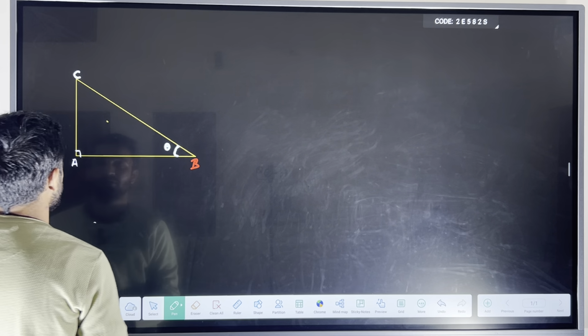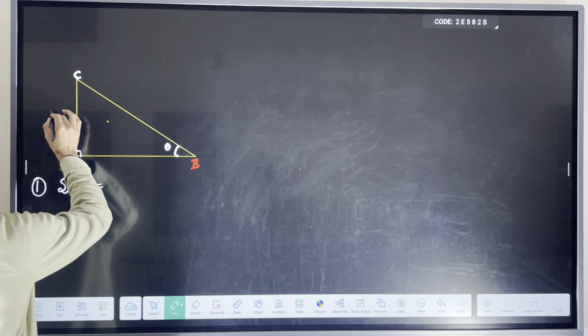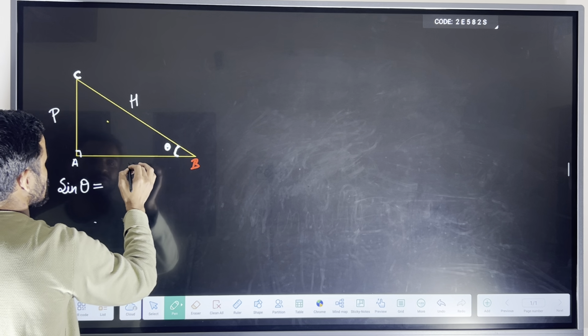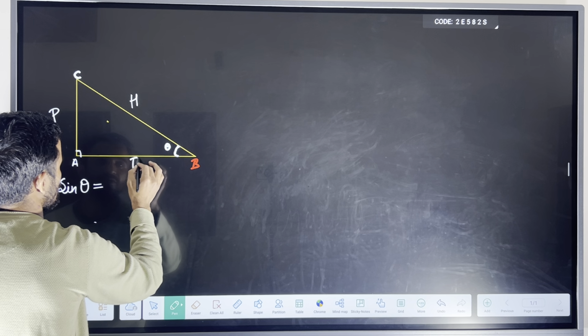First one, sine of angle theta is equal to, for this angle, perpendicular upon hypotenuse.